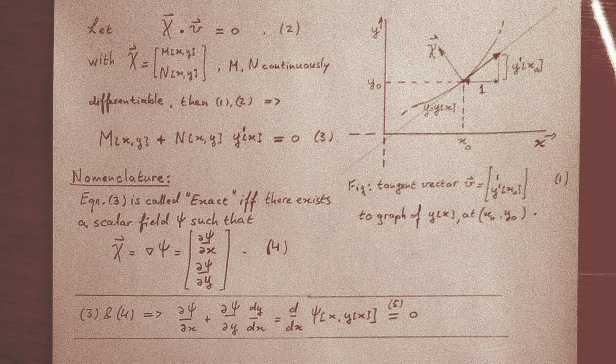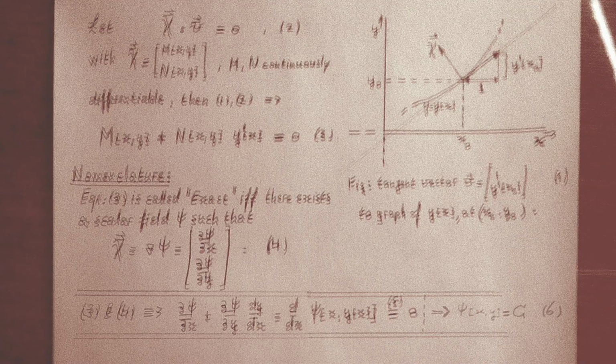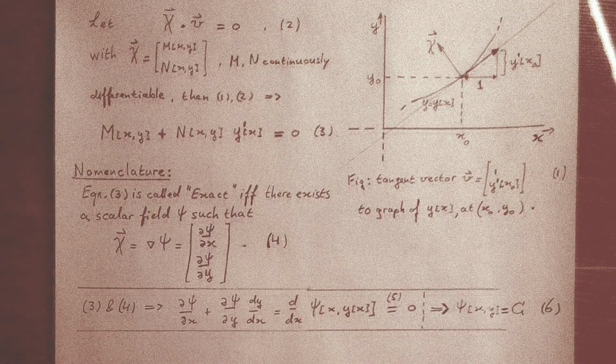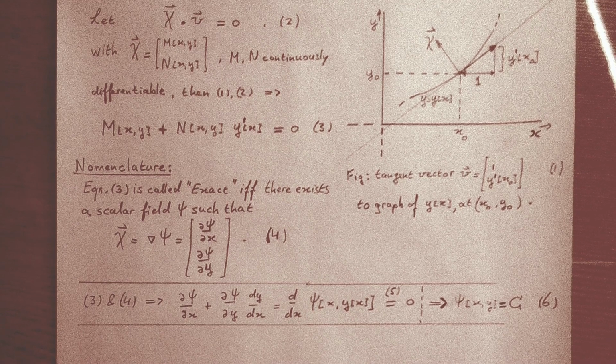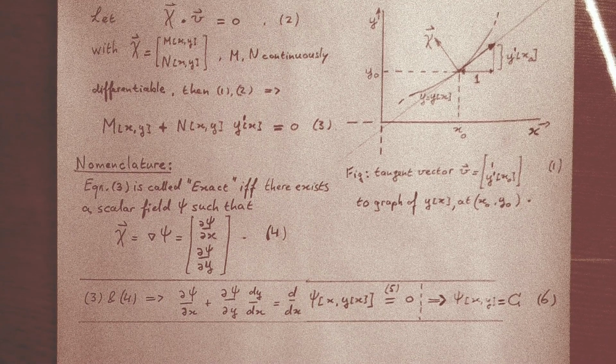In other words, the curves that are locally described by the function y of x are level curves of the scalar field psi. The solution of exact differential equations can therefore be given in implicit form as psi of x and y equals c, in which c is an arbitrary constant of integration.